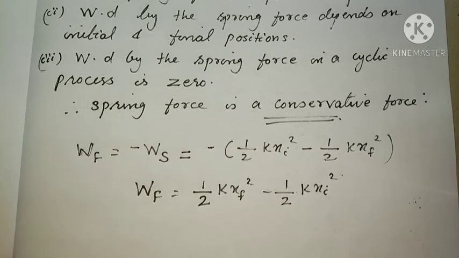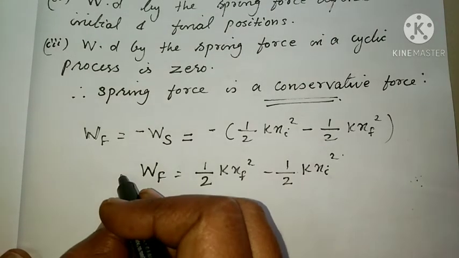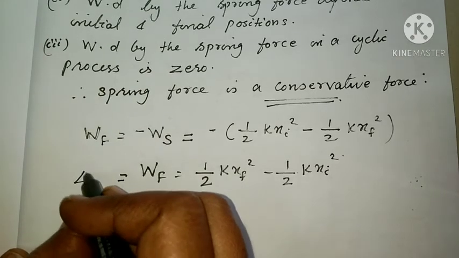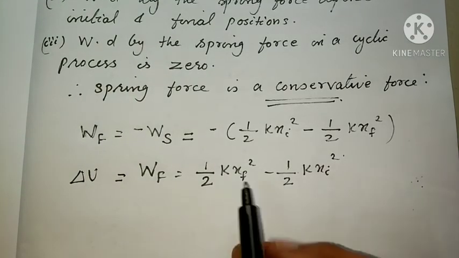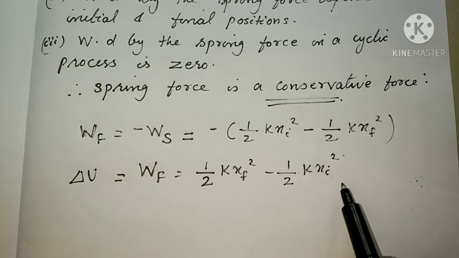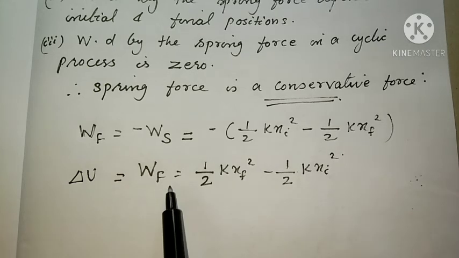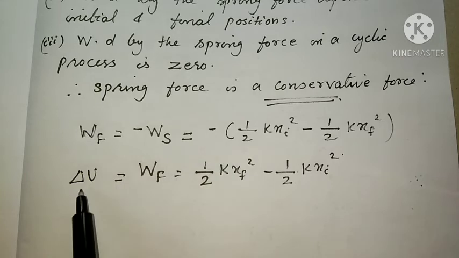This work done is stored in the form of potential energy. So the increase in potential energy of the spring, delta U, equals half k xf square minus half k xi square, because the position of the spring is changing from initial to final.